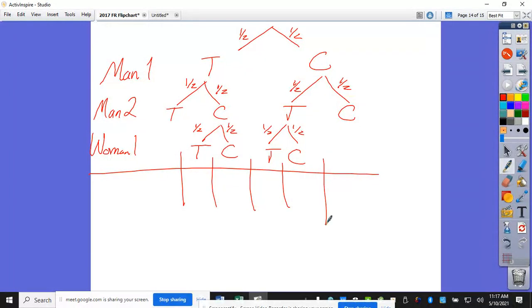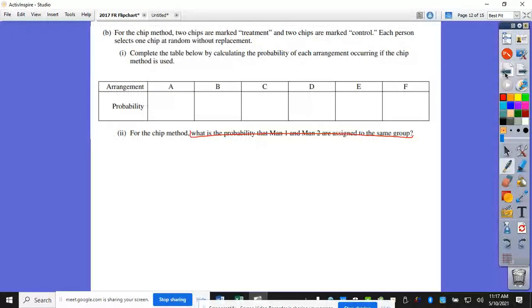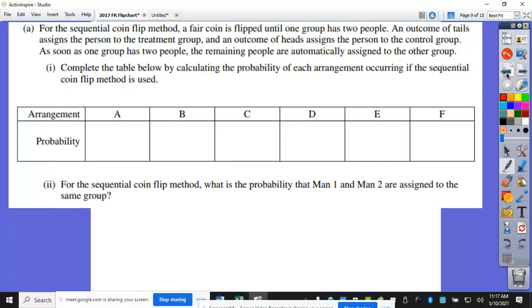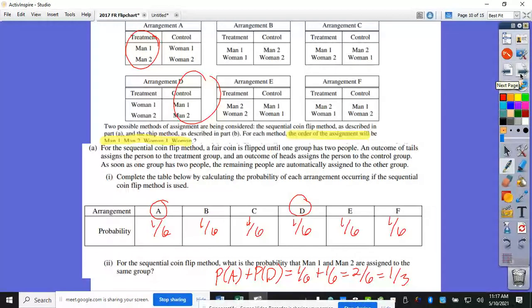What's the probability of my first path? What's probably my next path? And then now I just match these up, so 1/4 was man 1 and man 2 in treatment. Man 1 and man 2 in treatment, that probability was 1/4.